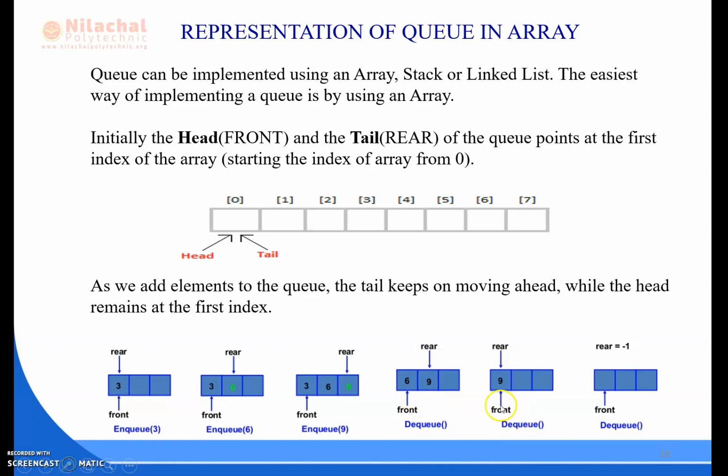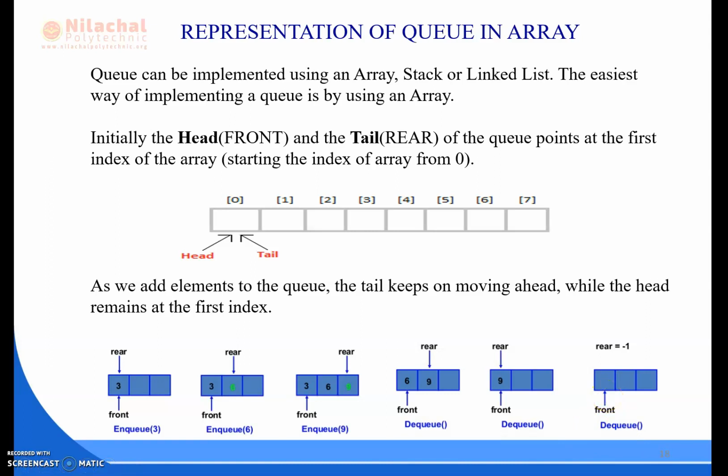Again if we do the dequeue operation, the first element is removed, that is 6 is removed, and the front is incremented by one position. Now when there is only one element left, it is both the rear position as well as the front position. If we again do the dequeue operation, what is actually done?